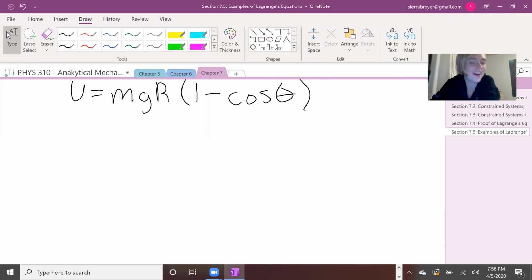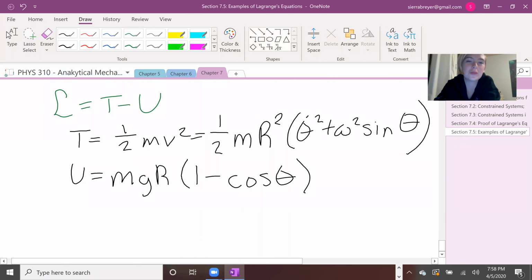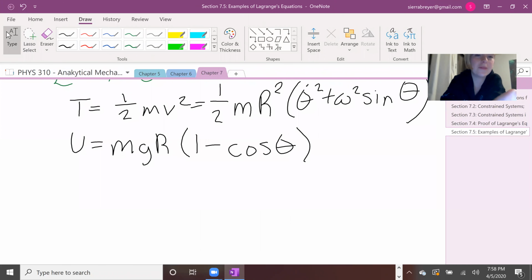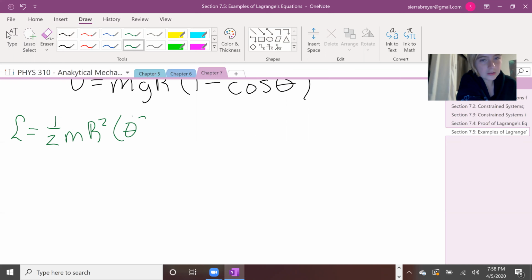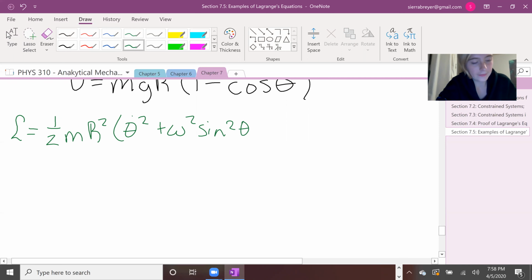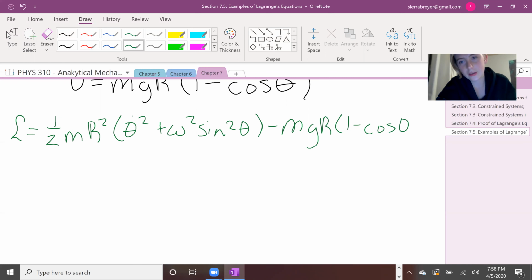Good enough. So then what we're going to do is plug these two black equations into that green equation right there. I'm going to write them down here with a lot of room so we don't have to mess with it. So Lagrange is equal to 1/2 m r squared times theta dot squared plus omega squared sine squared theta, all in that parenthesis, minus mg r times 1 minus cosine theta.